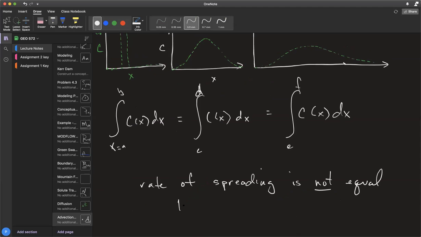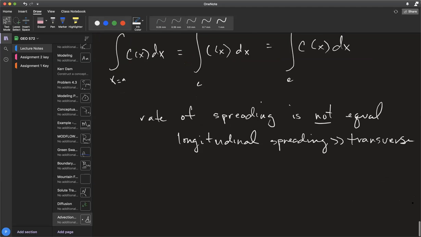In general, longitudinal spreading is much faster than transverse.